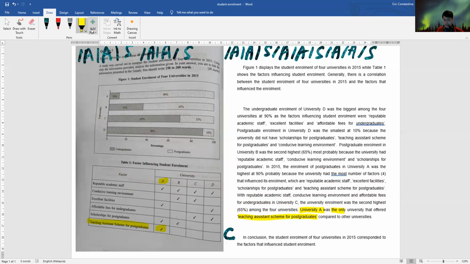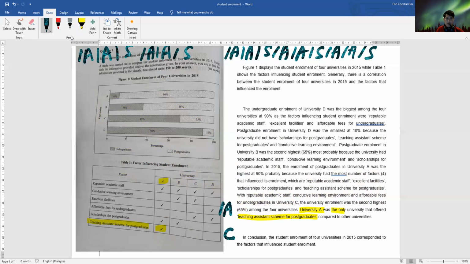Now, do you see any sentences here? It was not mentioning anything about the enrollment, so I consider this just as 1S, 1A, 1A. So the only university that, mentioned directly referring to table 1 from this part. So it's okay. So I have 1A.